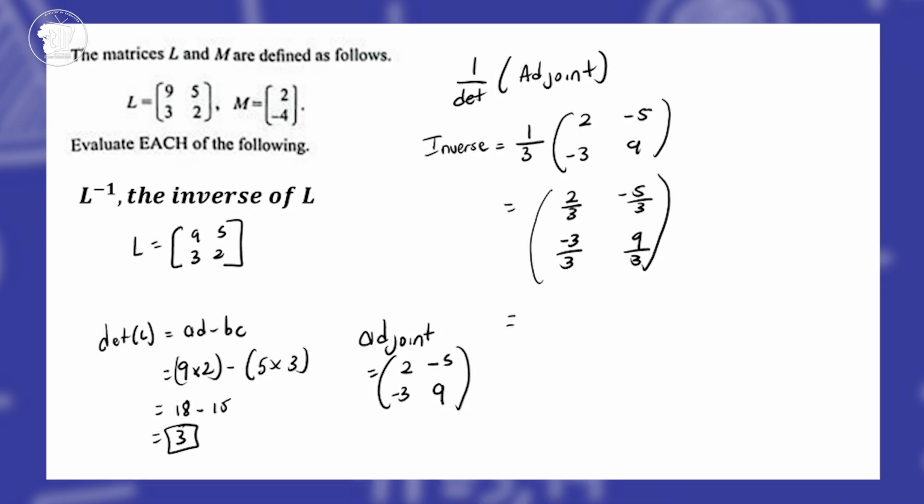And this will simplify too. So we can leave this as 2 over 3. And negative 3 divided by 3 will give us a negative 1. And we can leave this as a negative 5 over 3. And 9 divided by 3 will give us 3. So this here would be the inverse of the matrix L. So the inverse of L would be equal to that. And this is our answer.